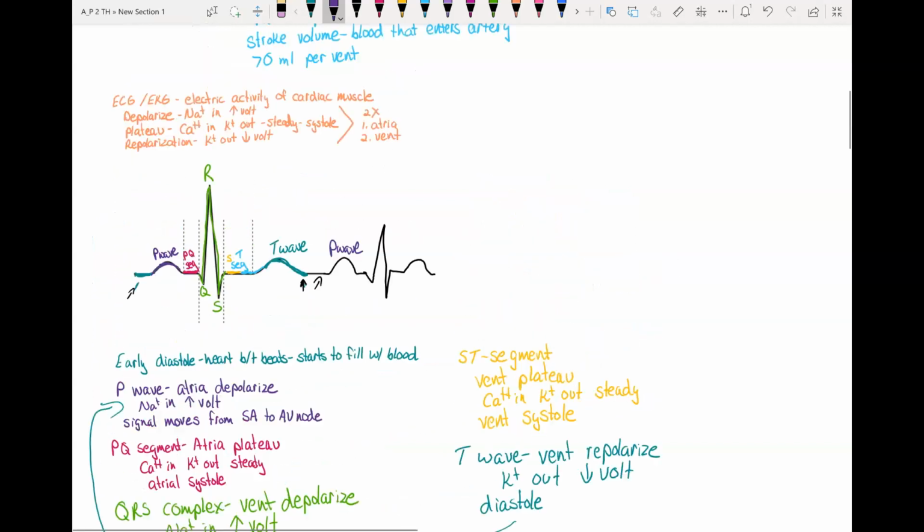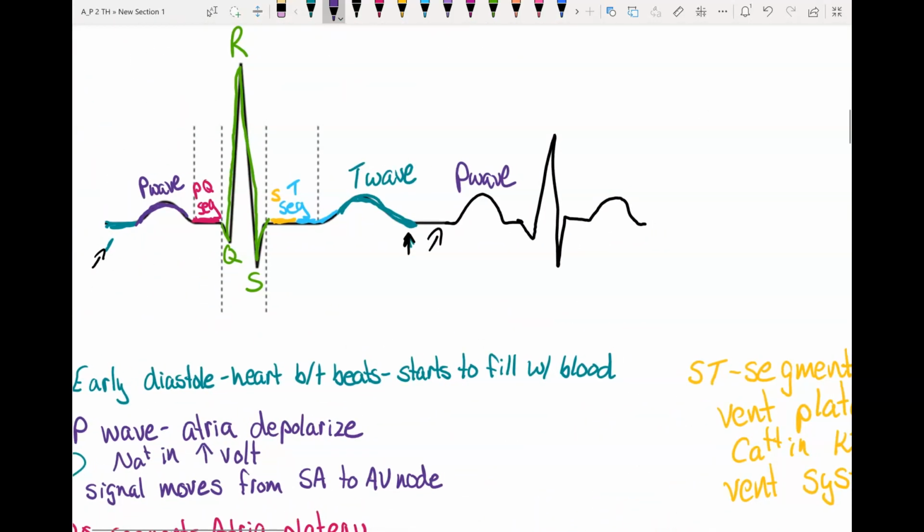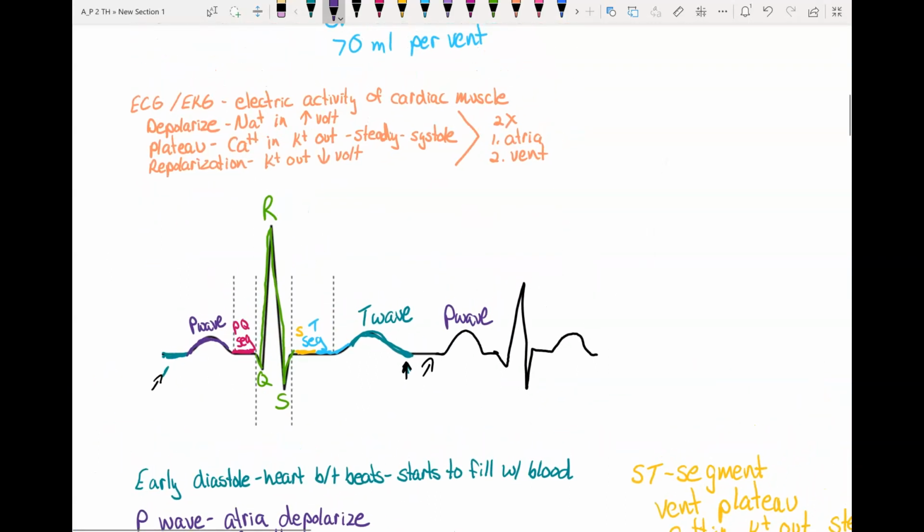Okay, so we have P wave, the atria depolarize, PQ segment, the atria plateau and systole, QRS complex, the ventricles depolarize, ST segment, the ventricles plateau and systole, T wave, the ventricles repolarize. So we're going through these three steps.